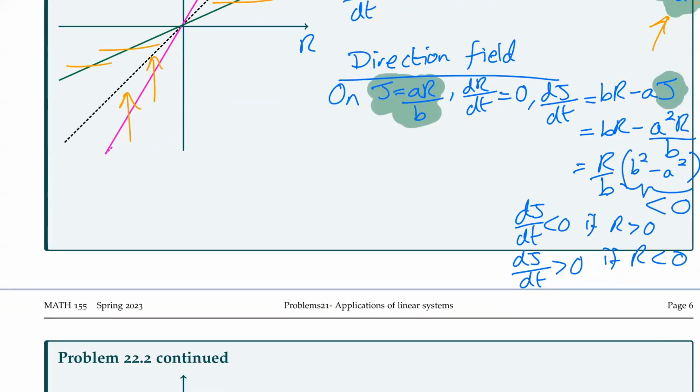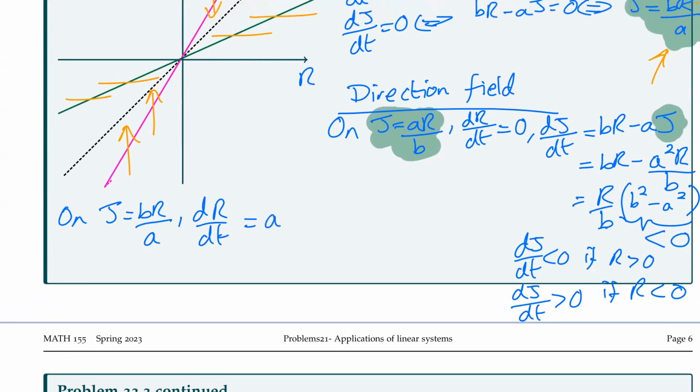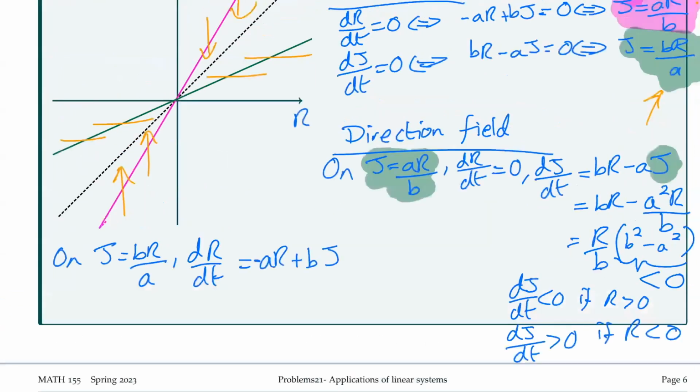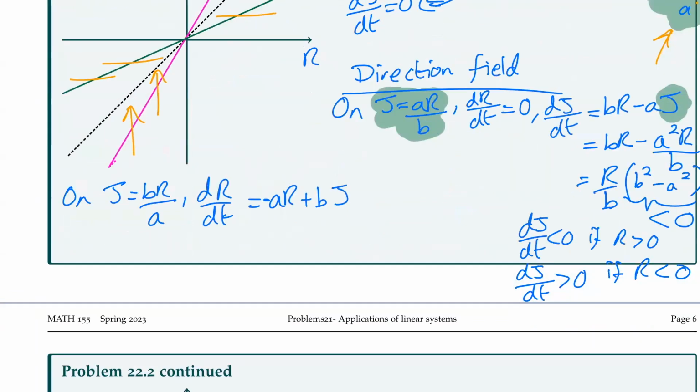Okay, let's very quickly do the final one. On j equals br over a, we have dr/dt equal to, in this case, minus ar plus b times j, if I remember rightly. Yeah. So again, we can substitute in j here. We're going to have minus ar plus b squared r over a.